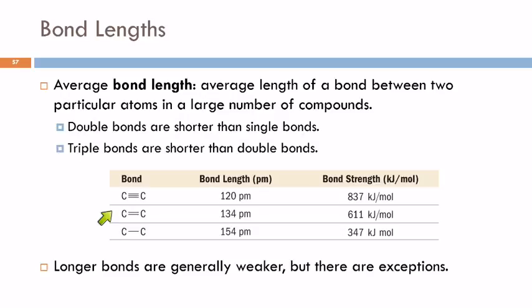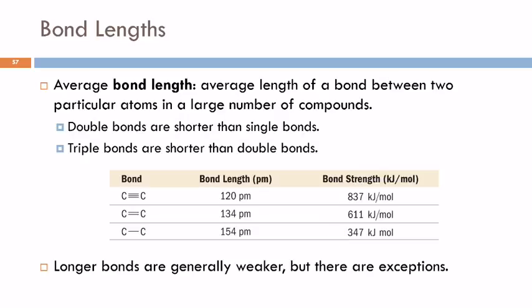So here, comparing single, double, and triple bonds between two carbon atoms, we see that the bond length of the triple bond is 120 picometers, double is 134, and the single is 154. And we see a correlation that this shorter bond is stronger, and the longer bond is weaker.